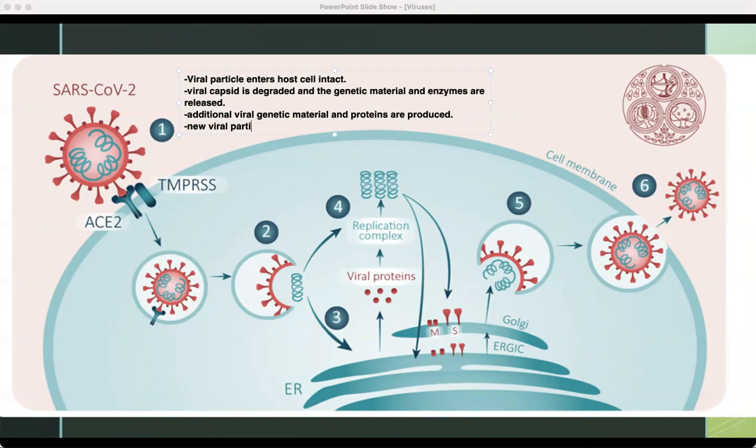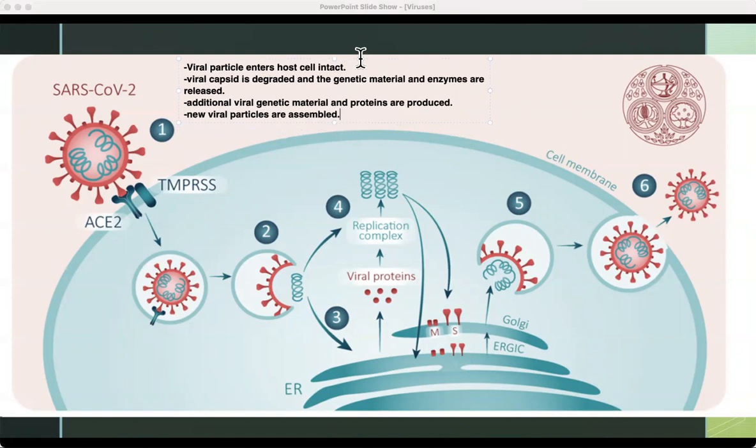New viral particles are assembled. And then the virus is released through exocytosis, which you should know what that is. If not, you can go back and review the information from cell structure.